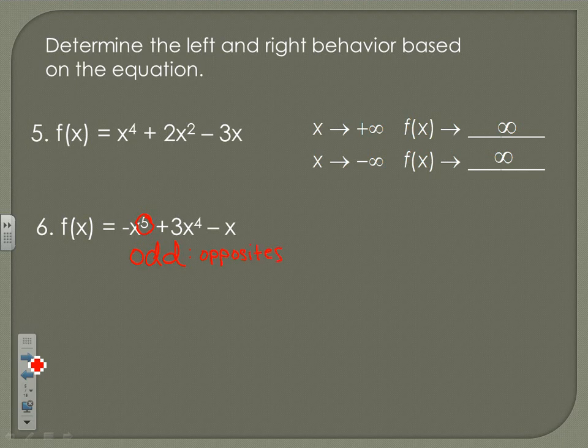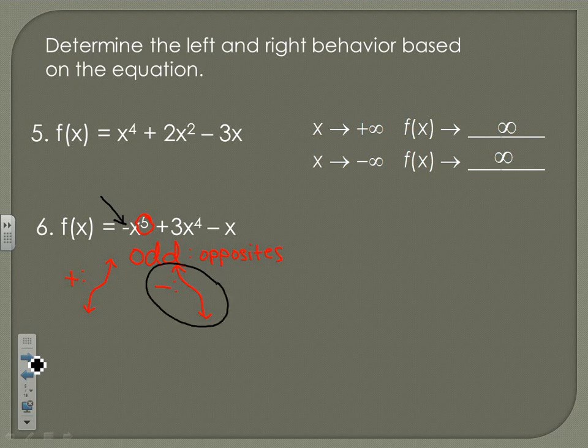Now, if it is a positive coefficient, then my graph is climbing from left to right. If there is a negative coefficient, then my graph is falling from left to right. Now this coefficient is a -1, so I know that my graph's going to be looking kind of like this.